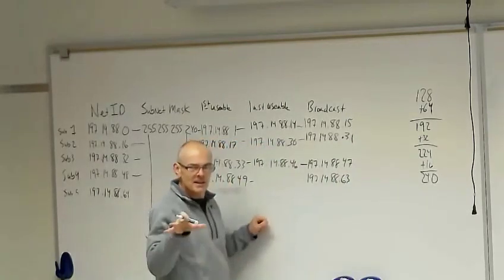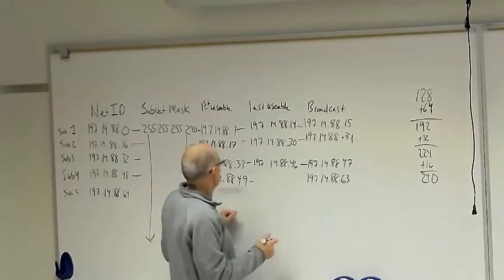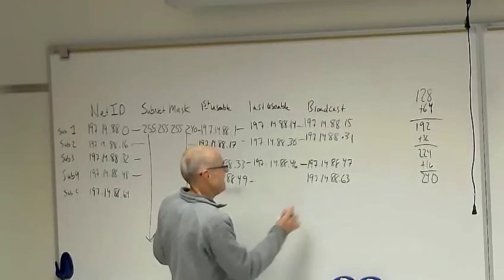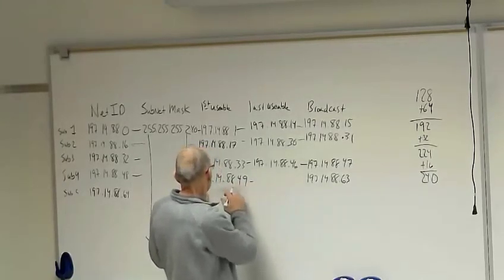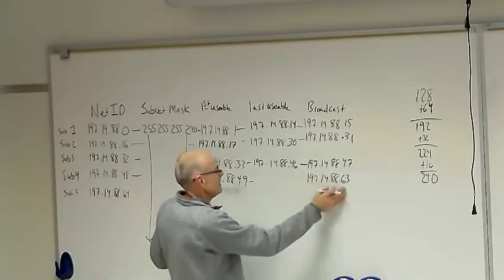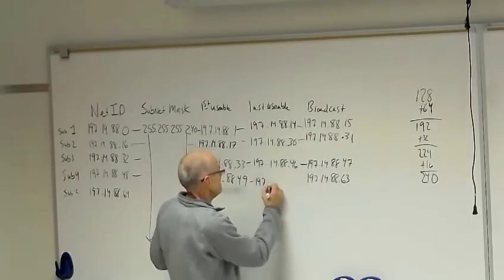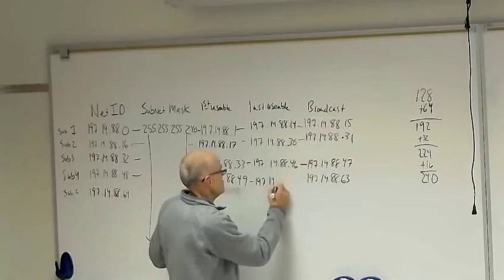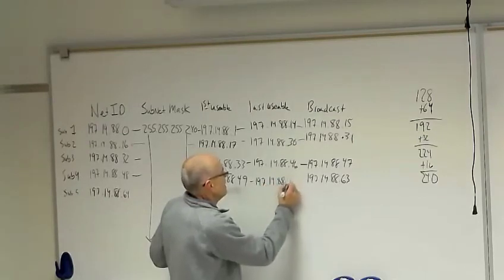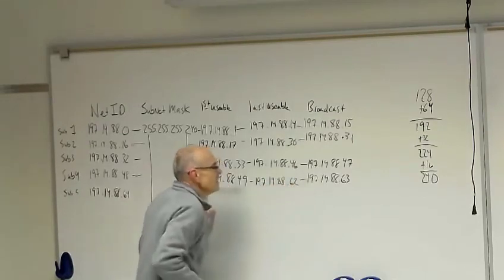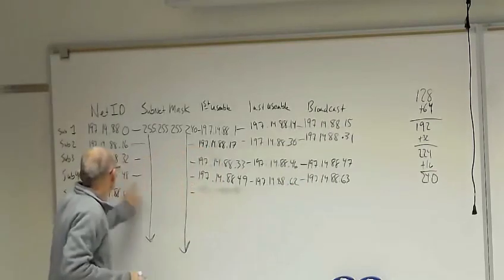I'd like to say that I did that on purpose, but you guys caught me making a mistake. Good. 63, 197.14.88.49. So 63, the number right before that, building on your last statement you made to me, would be what? 62. 62. Good. Excellent catch, excellent save. So you can see now we have all of subnet 4.